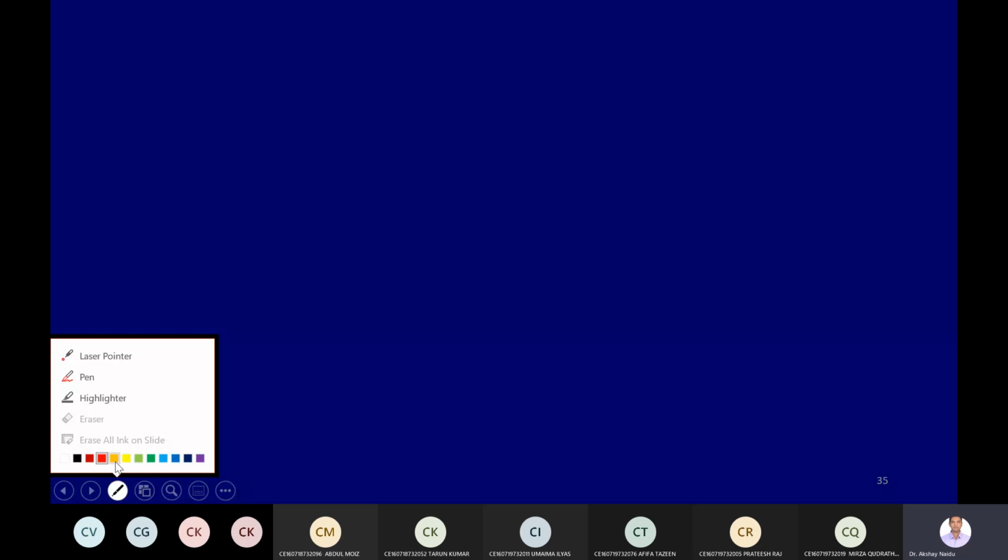So we'll do a problem on the unit load method. This is also one of the subsets of the principle of virtual work.